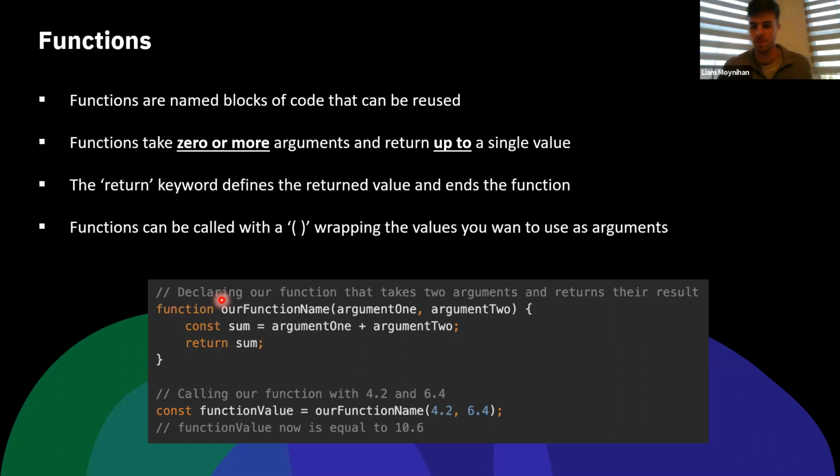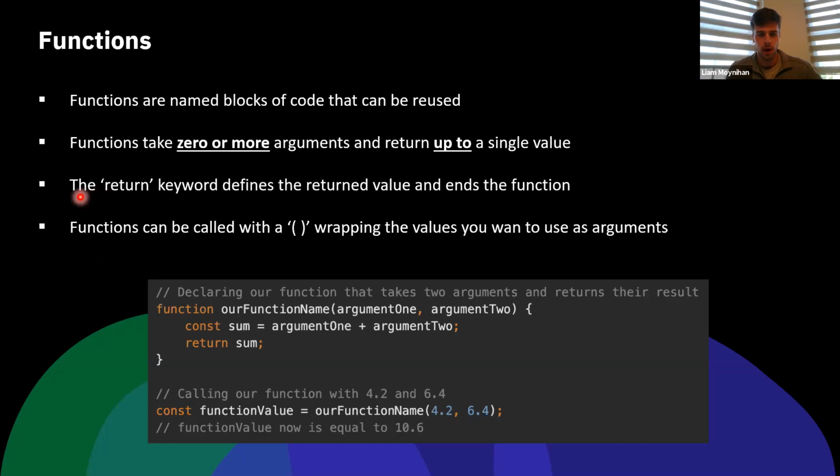All right. So functions are just named blocks of code that we can reuse. Along with that, functions can take 0 or more arguments and return up to a single value. Sometimes functions don't return anything, but they can return one thing or 0 things, and they can take as many arguments as they want or none at all.